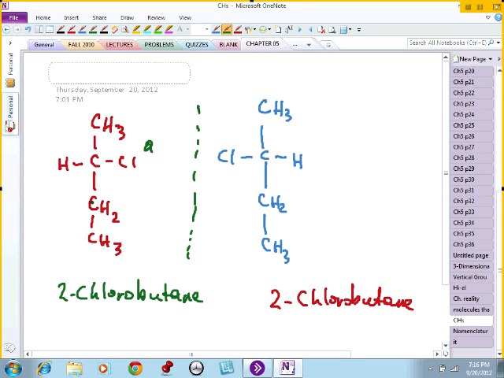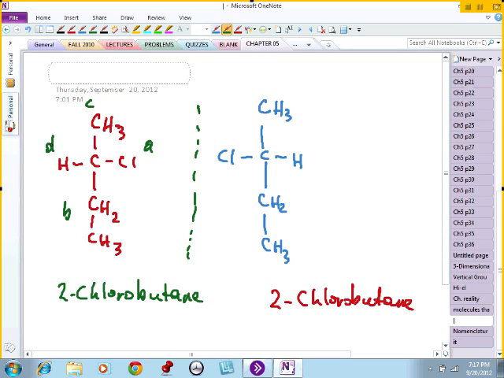Exactly. When you go to carbon, if you cannot make a decision based on what it is attached to, then you go to the next atom that it is attached to. In this case, this carbon is attached to a carbon, whereas this carbon here is only attached to hydrogen. So the ethyl has priority over the methyl. So this becomes B, and then of course this is C, and then this is D.